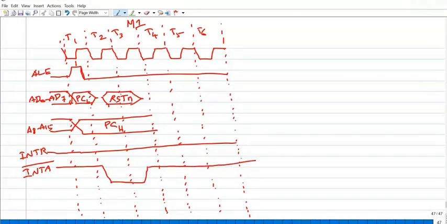You have to mention this INTR signal as well as INTA complement. Once the processor detects INTR high, it will disable the interrupt flip-flop. So this is the machine cycle 1 operation.